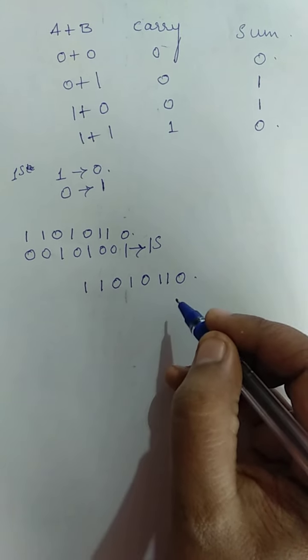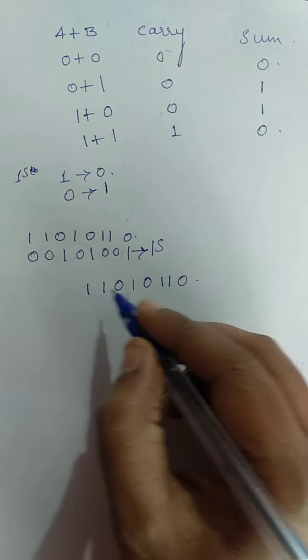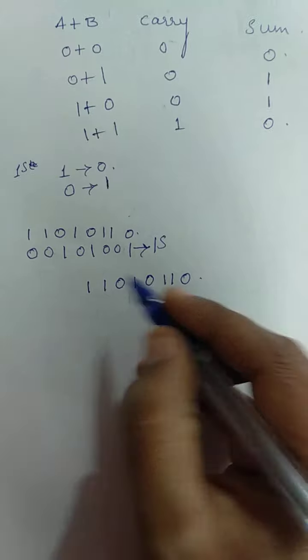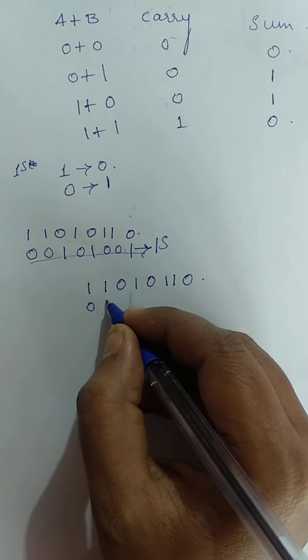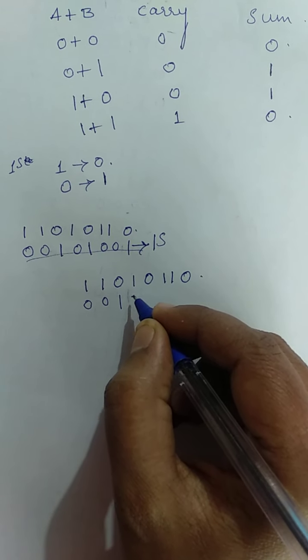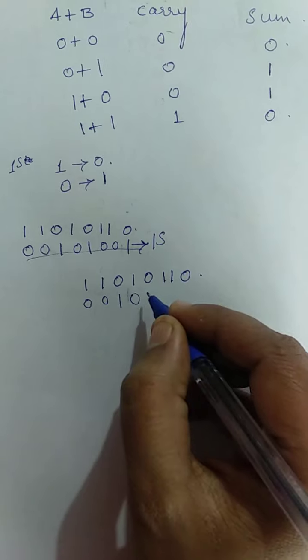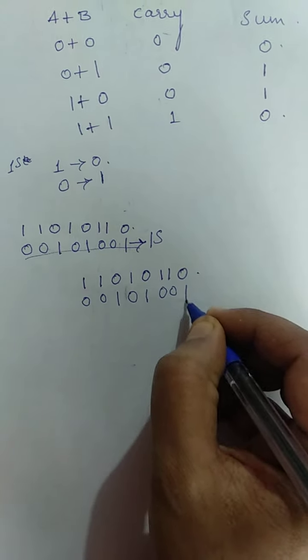Then you go for the calculation of 2's complement. So first we'll write the 1's complement. The answer will be the same, that is 0 0 1 0 1 0 0 1.